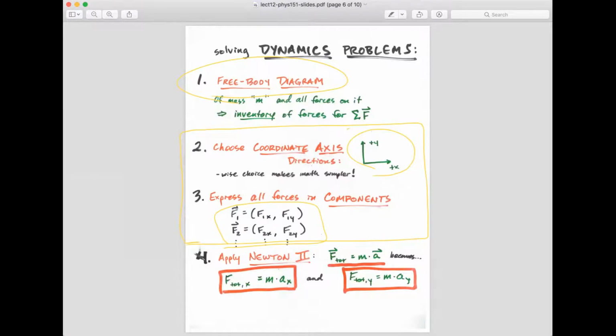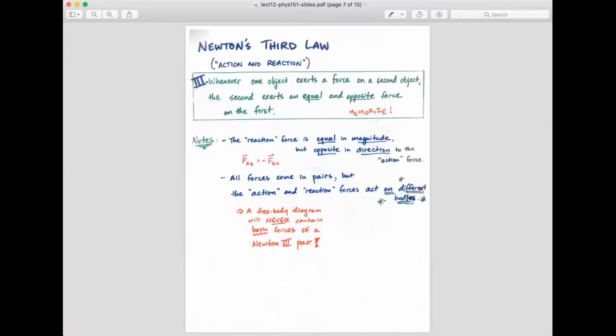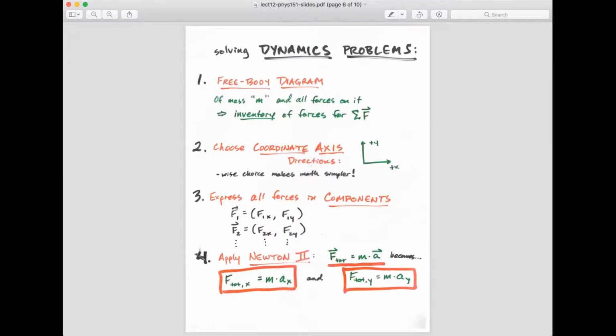Then I'll use all those forces, pile them into the left-hand side of Newton's second law, and I'll write either one master vector equation, or more often one or two of these individual x or y component equations to solve for whatever my unknown quantity might be. All right, let's go ahead and do some examples now.